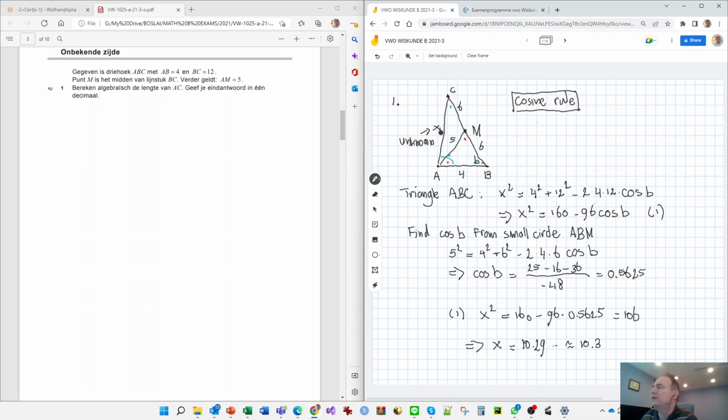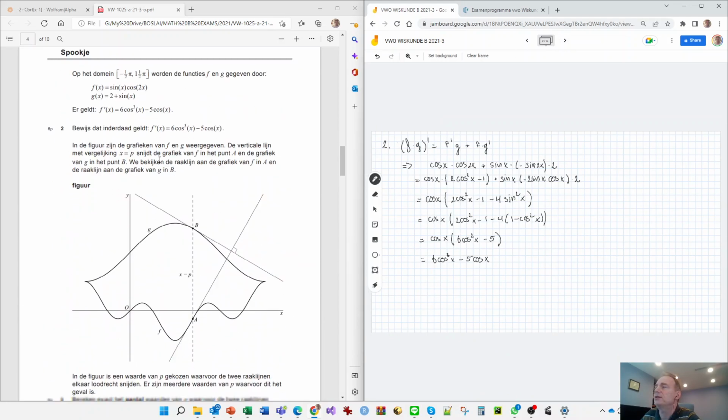Then you'll find that x squared is 160 minus 96 times cosine B. I have the cosine B substituted and do the calculation, then in 1 decimal, that's 10.3. Actually, this is the only question I've seen from 2021 and 2022 where this was asked, so that's interesting.